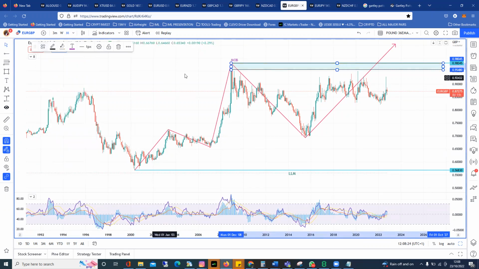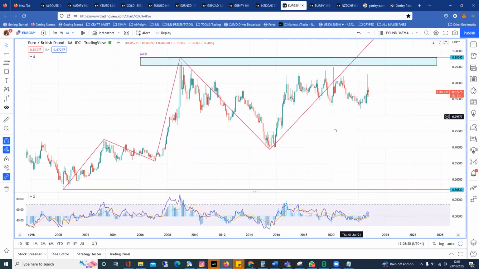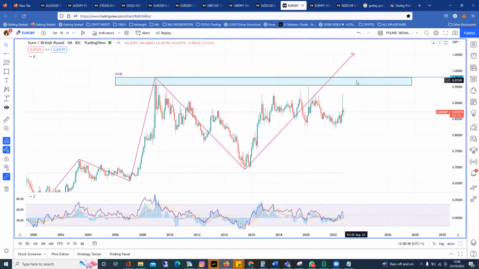As of now, we have not even mitigated that monthly order block, and price can still find a very good reason to go there and find that possible sell-off.